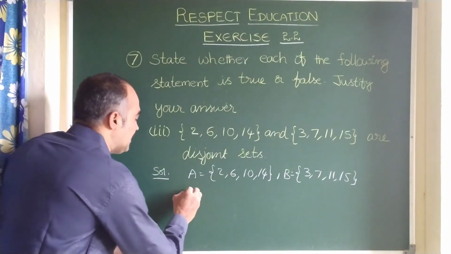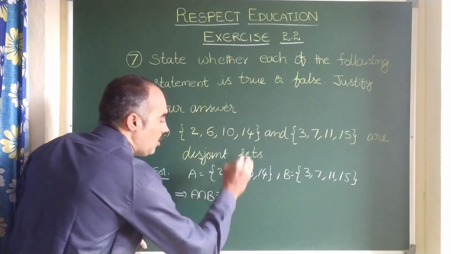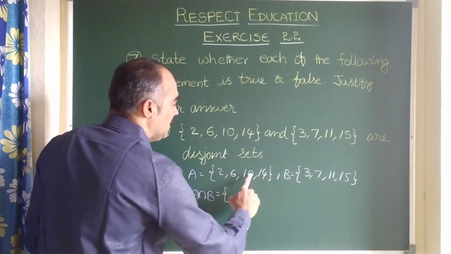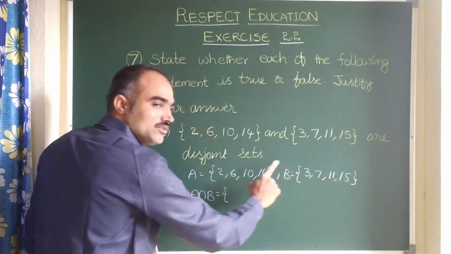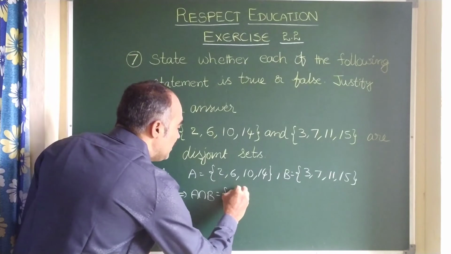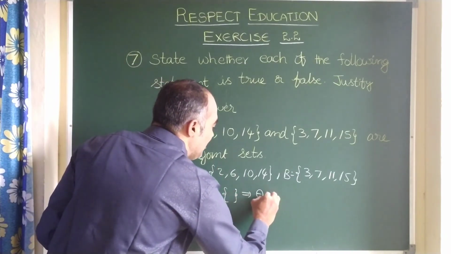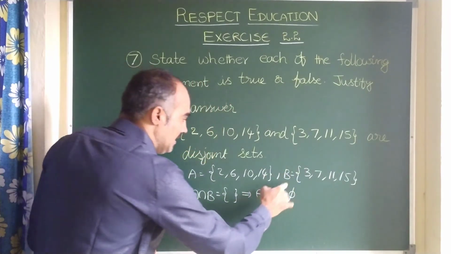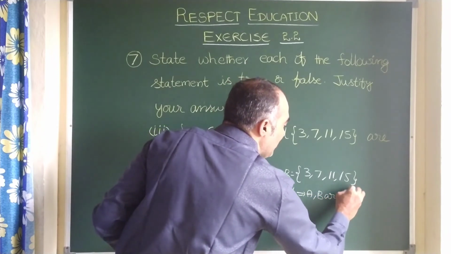Let's find their intersection. A intersection B, let us see the common elements. 2 is there but not in B, 6 is there but not in B, 10 is there, here 14 is also there. Here you check from the B side also, children, nothing in common. So here it is empty set. That means here you got A intersection B is an empty set. That indicates that A comma B are disjoint sets.